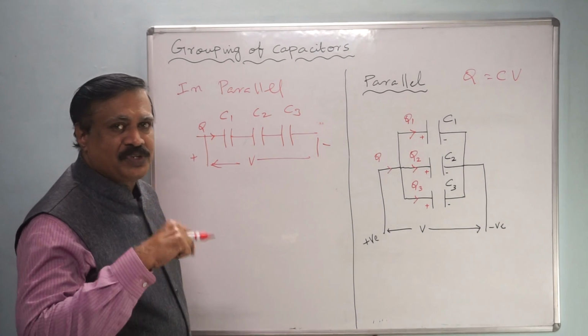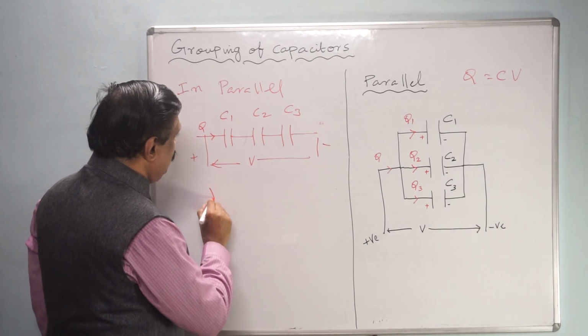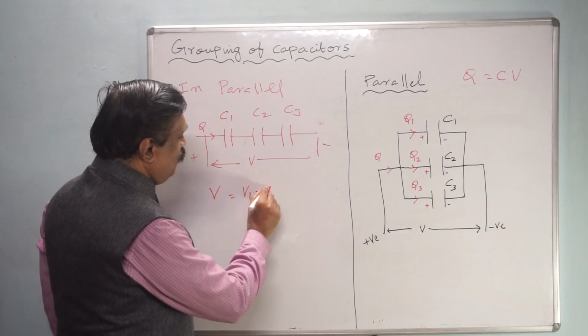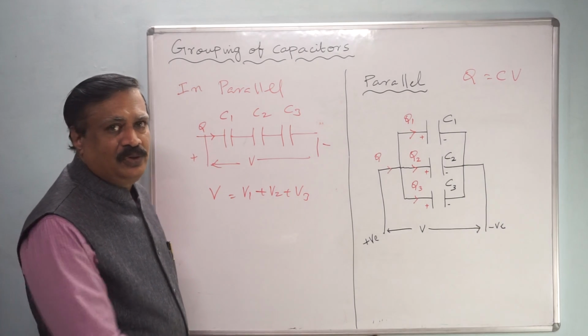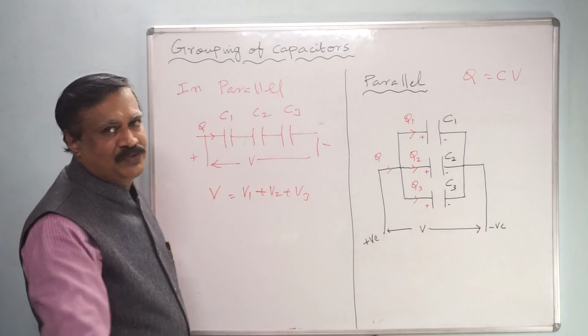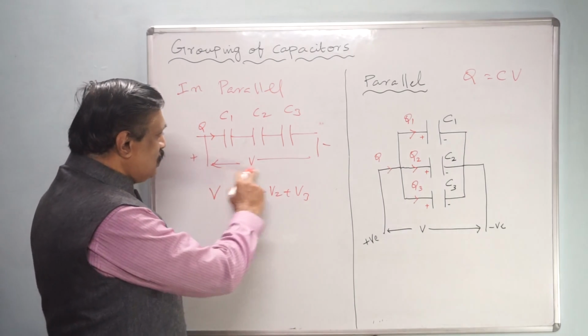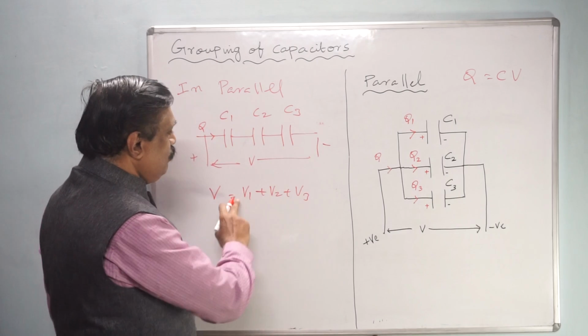Then your first equation should be which is dividing. Therefore, V is dividing. Therefore, V equal to V1 plus V2 plus V3, because voltage is dividing and total voltage should be equal to the given supply. Therefore, here Q is same, V is dividing.